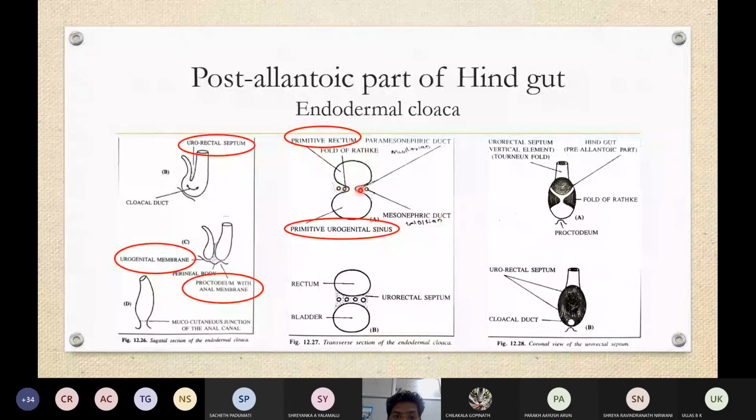These two come very close to each other towards the vesicle area. This is the area where the urinary bladder is going to be formed, so it lies very close to the urinary bladder. If it is female, the paramesonephric ducts are medially situated.